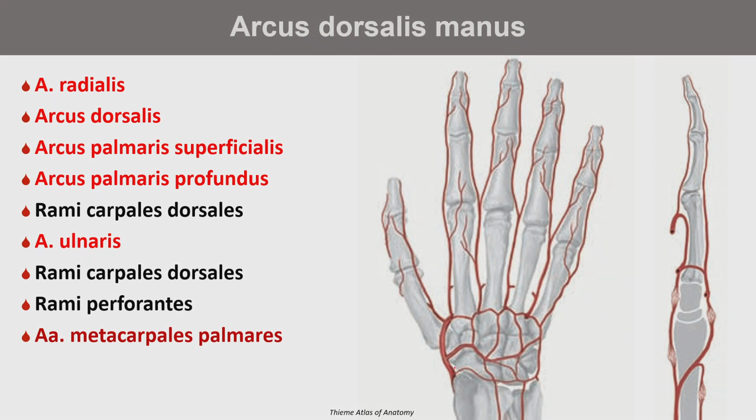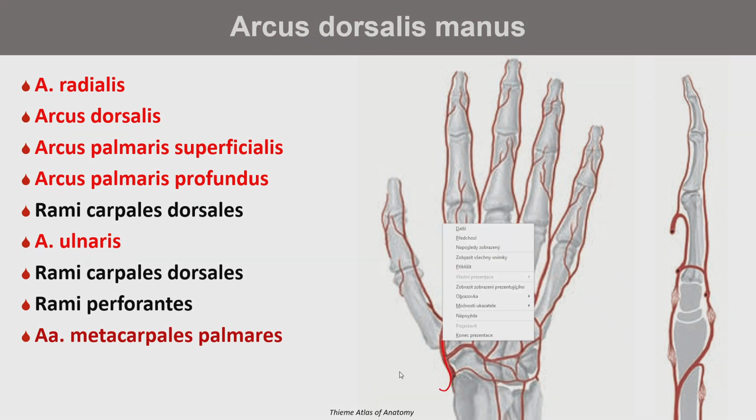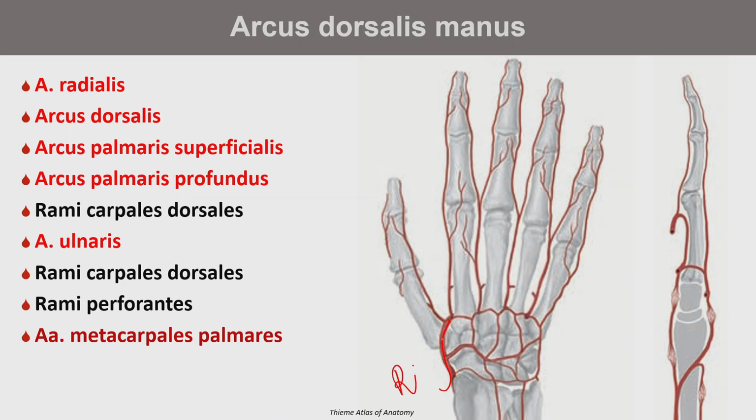The dorsal arch is from the radial artery and forms a web which is supplying the carpal region.